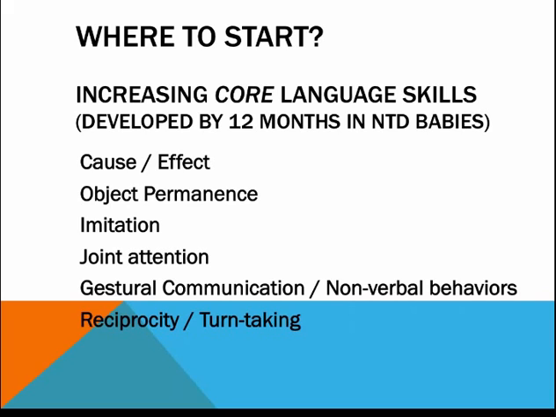So by 12 months, these skills are all pretty fully developed. So what I'm going to do is briefly give you an explanation of each one of these, and then briefly give you some ideas for intervention, and then from there we will move into talking specifically about AAC systems, devices, apps, etc.